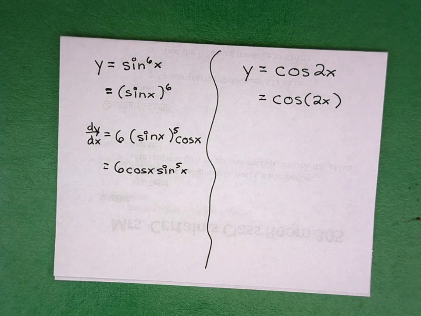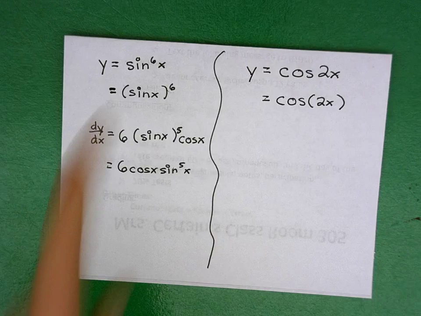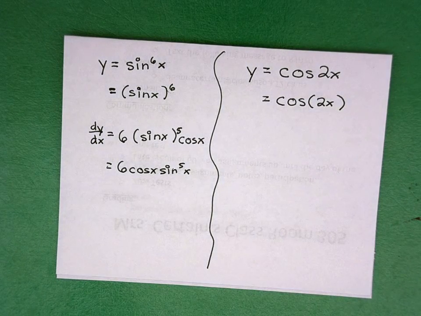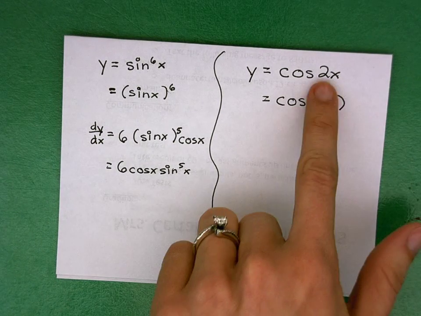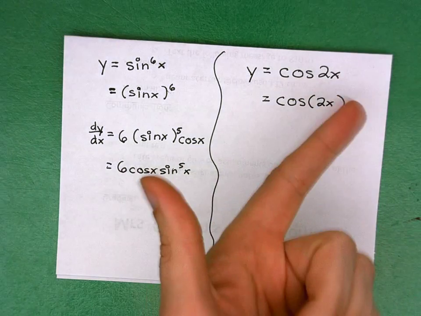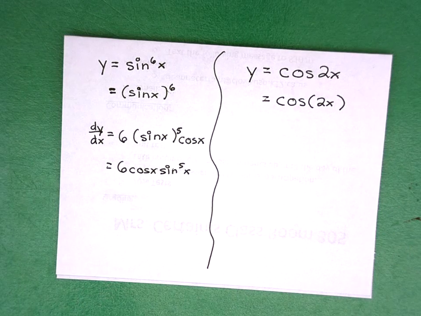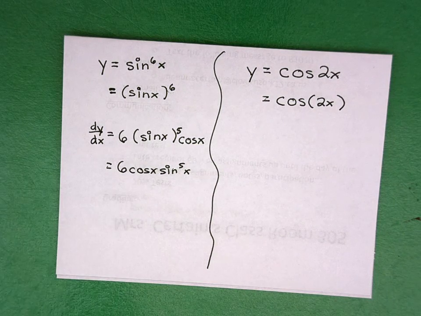So we don't have to write the parentheses, but they are there. And so again, if you see anything inside that trig, you see an exponent inside that trig, you see something attached to the x in some way, shape, or form. This could be x squared or x to the 5th or root x. If there is anything inside that trig, you rewrite it with parentheses so that you can see your functions, which one's the outside and which one's the one that's being held.